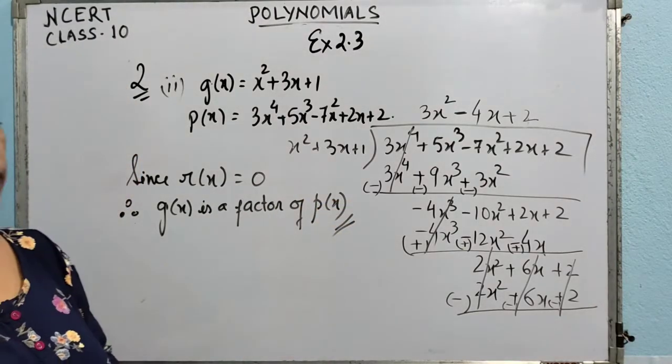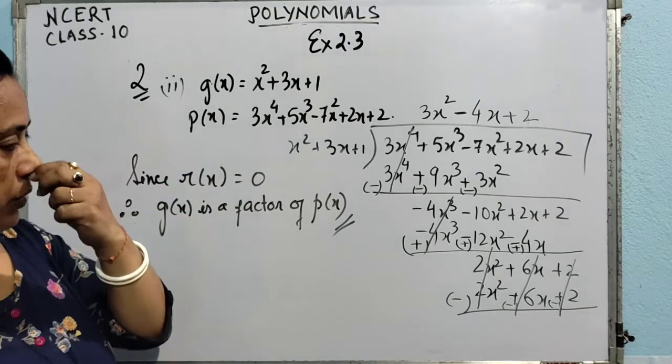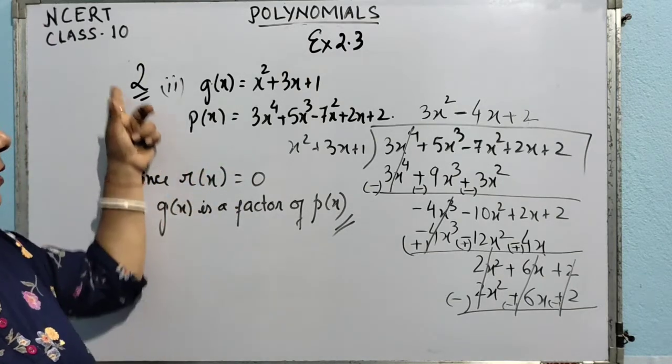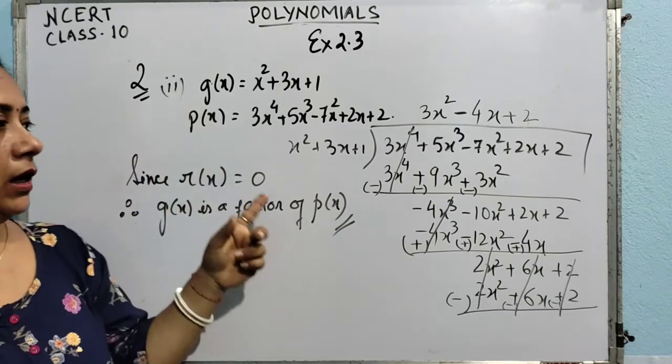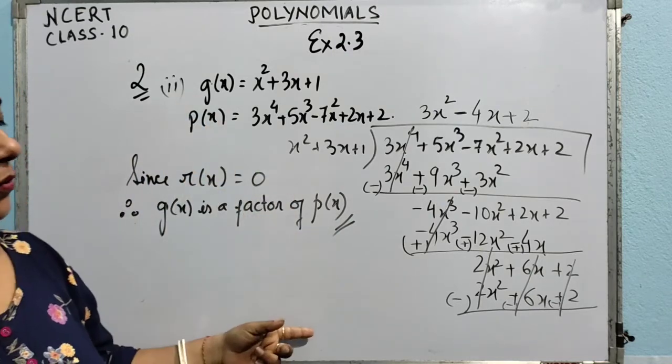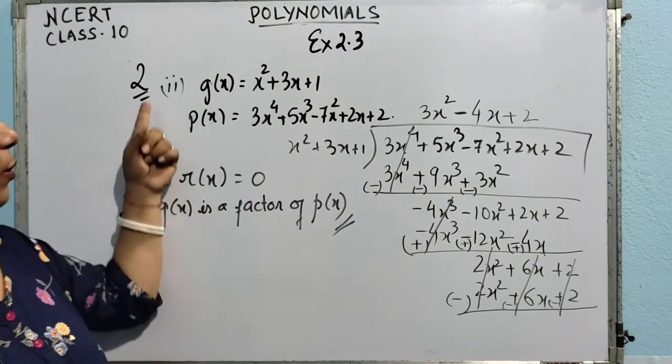So just following the same procedure, you can do the rest of the sums under question number 2. Okay, I have done the second one. You can try in the similar way and complete number Roman 1 and 3 also.